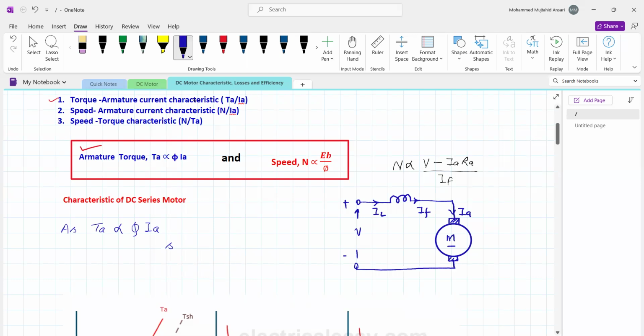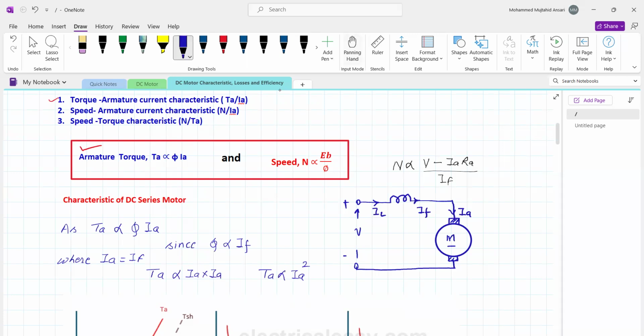Since flux is directly proportional to field current IF, and for series motor IA is equal to field current, we can say that torque TA is directly proportional to IA into IA, so armature torque is directly proportional to square of current.